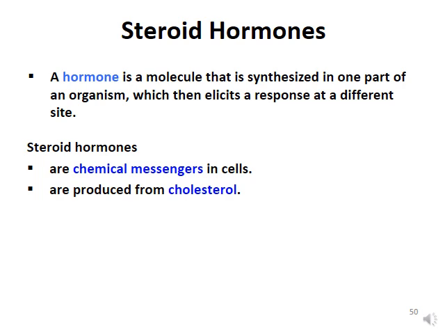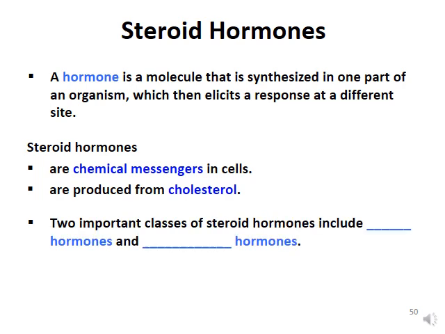Steroid hormones are the chemical messengers in the cells. They're produced by reactions with cholesterol. Cholesterol is the building block for all steroid hormones. They are in two important classes, which are the sex hormones and the adrenocortical hormones.